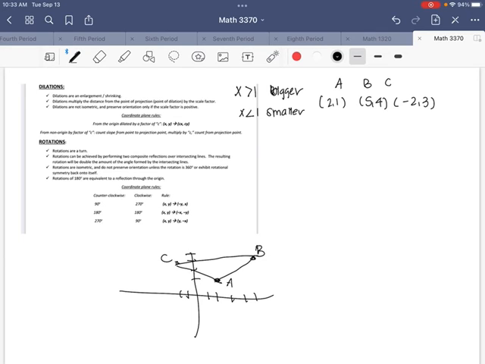If I want to dilate it by a scale factor of, let's say, 2, I would just have to multiply all the points by 2. So A would now be 4, 2, B would be 10, 8, and C would be negative 4, 6. And so then that would be my new triangle.